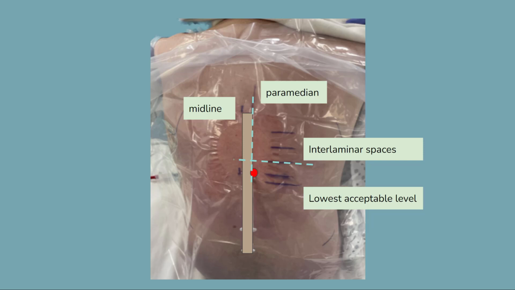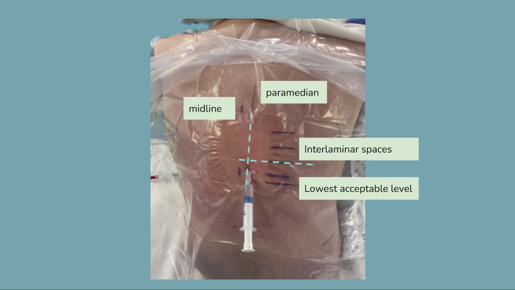I will pick a needle entry point. I will pass my needle. And as you can see, it ends up being a fairly parasagittal approach in terms of the angulation. I am not very far out, so my angulation to midline is probably not more than 5 to 10 degrees, which is what the Western group recommend.